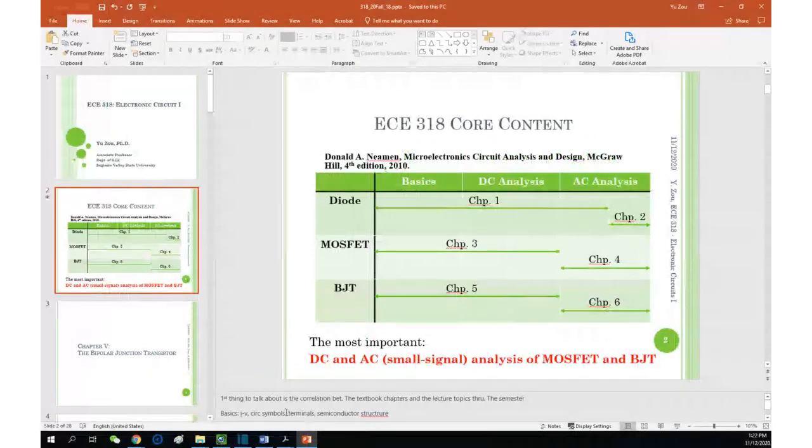I don't know why, but every time I can't use the slides properly. But anyway, obviously we have done everything about diode. We have done everything about MOSFET. Now we are here, starting to learn the basics, DC and AC analysis for the BJT. The BJT is very close to MOSFET in many ways. However, you want to be careful about the differences as well. We will see that.